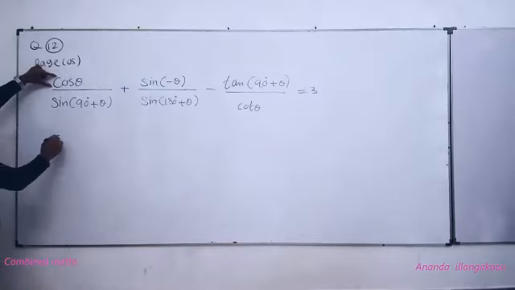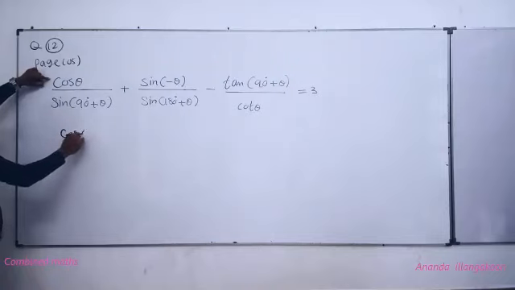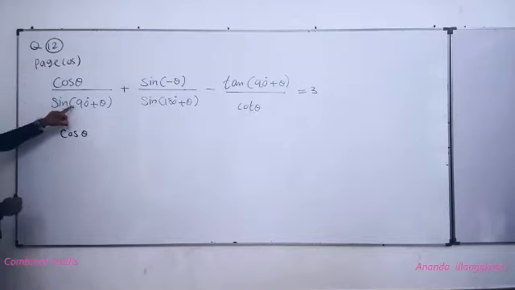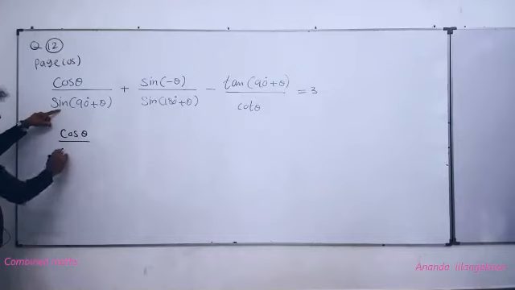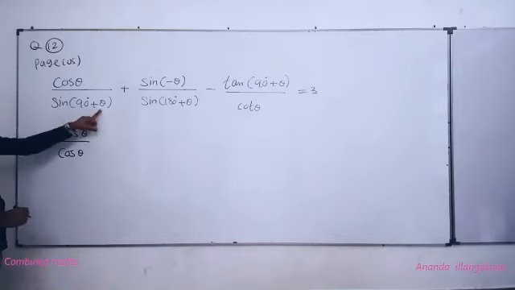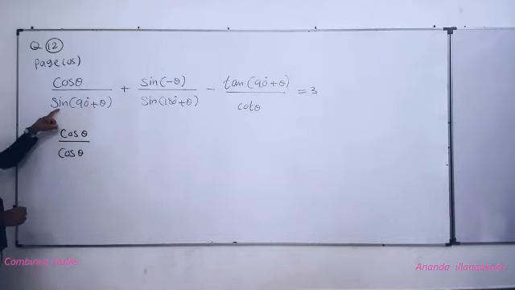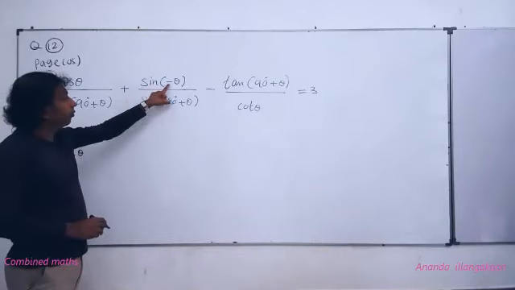This is cos theta, right? Sine 90 plus theta: the first angle is on the y-axis, no? Then the sine should turn to cos, and we must write the angle with this cos. Angle 90 plus theta is in the second quadrant. In the second quadrant, sine is positive, so we put a positive sign here. That is correct. And here we have sine minus theta.